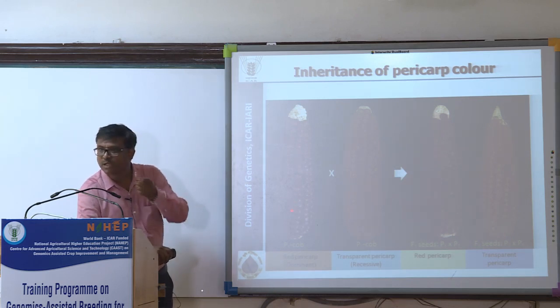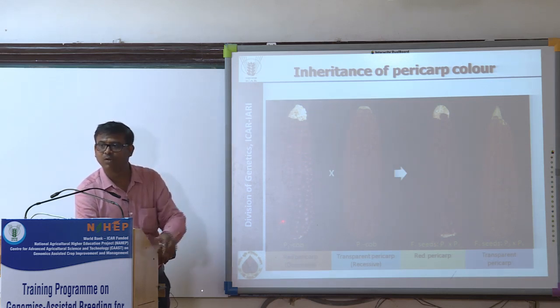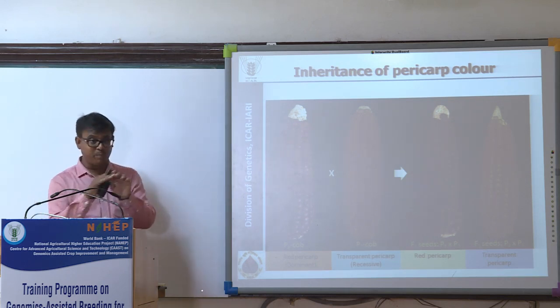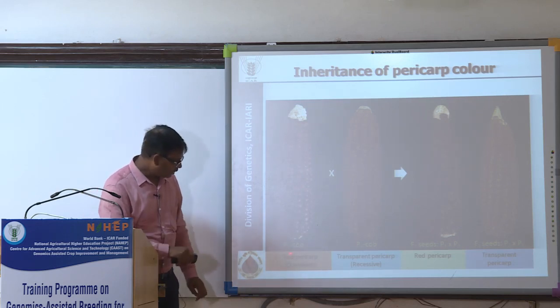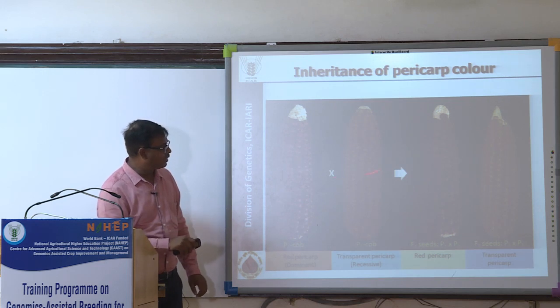In the red maize which we have seen in many places, the pericarp is red, so you do not see the endosperm color. The endosperm of a red colored maize could be yellow or white; until you break it open you do not know. There is a gene, I will explain later. So, this is the red color, this is the transparent.